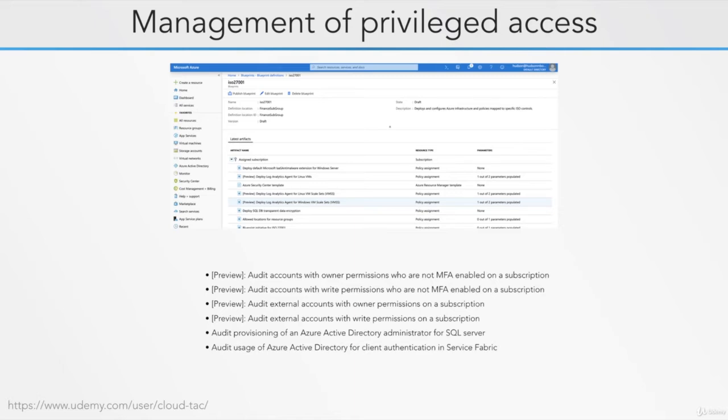This blueprint assigns an Azure policy definition to audit the use of custom role-based access control rules. Understanding where custom role-based access control rules are implemented can help you verify the need and proper implementation, as custom role-based access control rules are prone to errors.